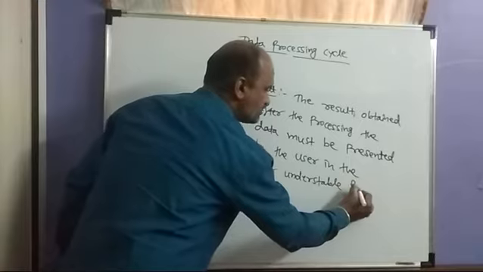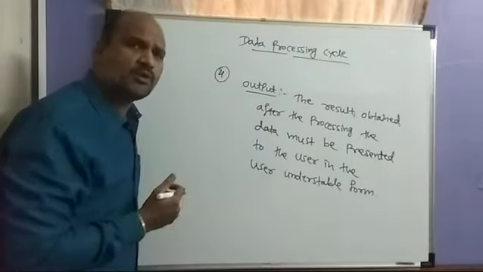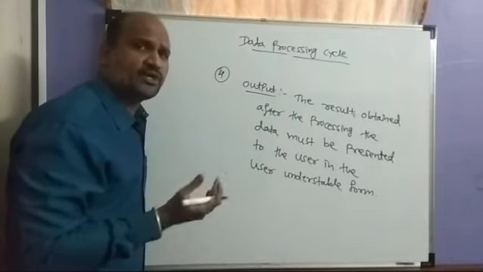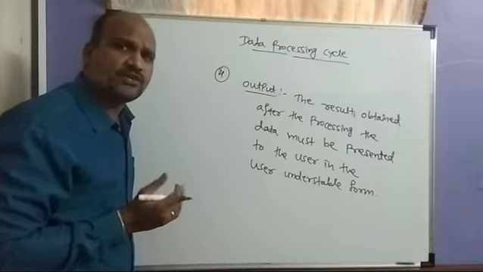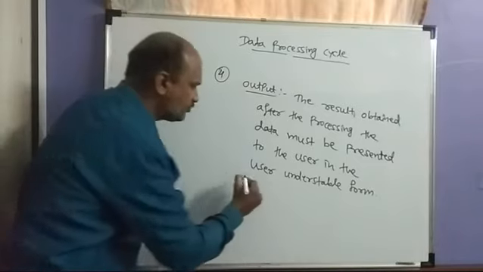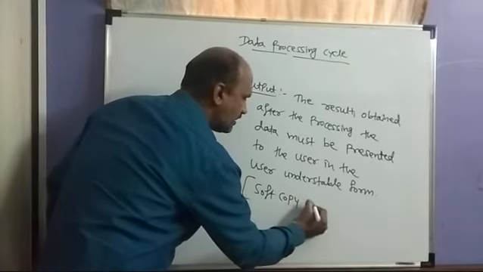The user has to understand what the output is, okay. This output may be saved and viewed in the system, or you can save it and take a printout. So you can have a soft copy and a hard copy.